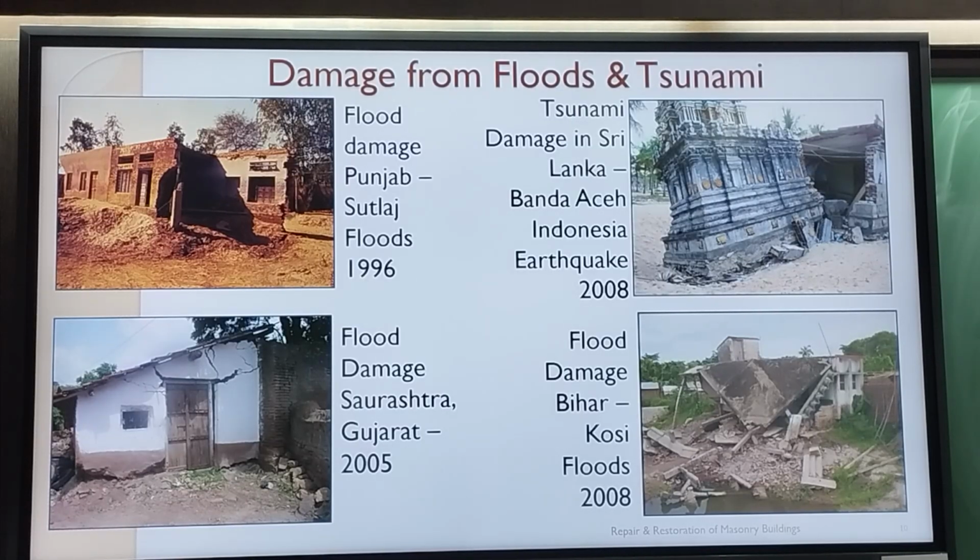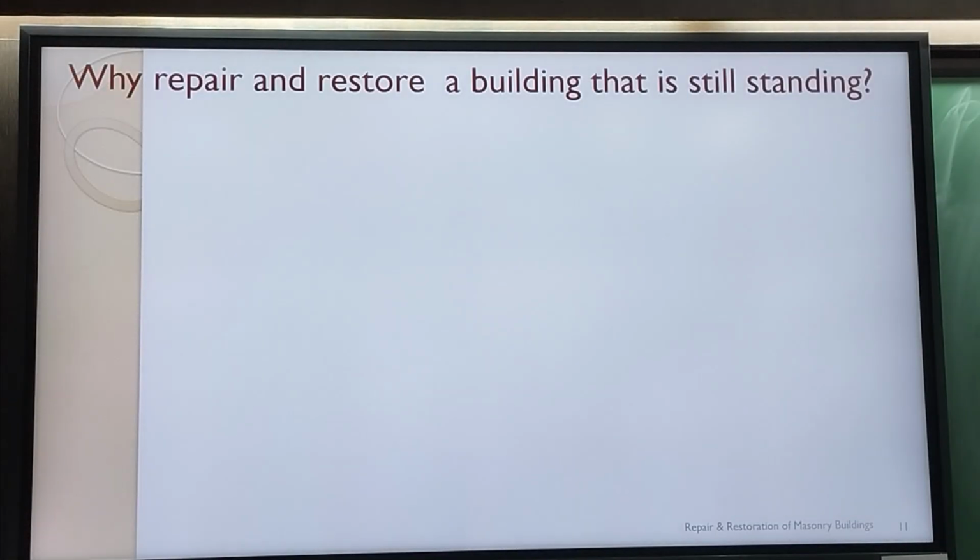So, a variety of reasons, but typically in floods, either you have a direct impact on the walls, which may not be strong enough, and the walls break. More often, you have the foundation getting scoured, and then the whole building collapsing. So that's the kind of damage you have.